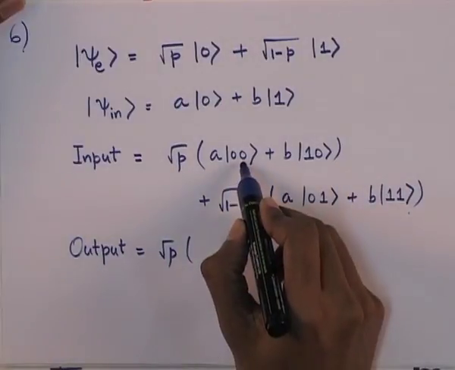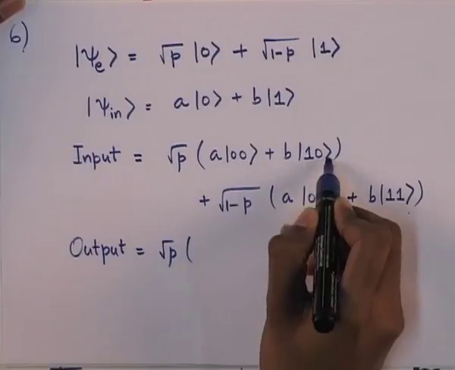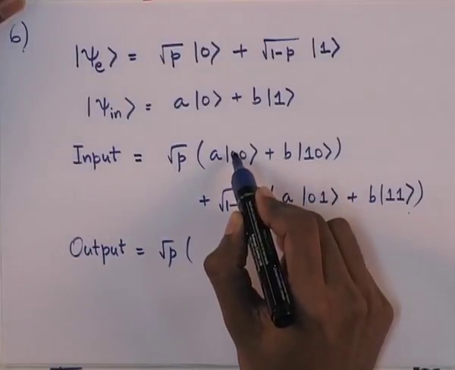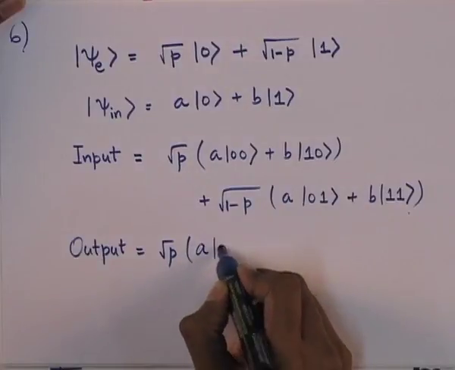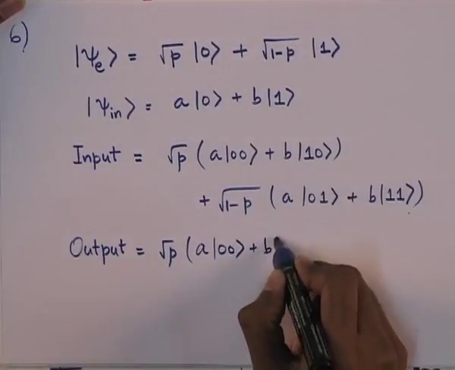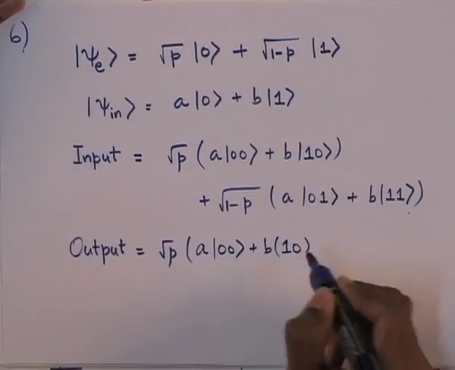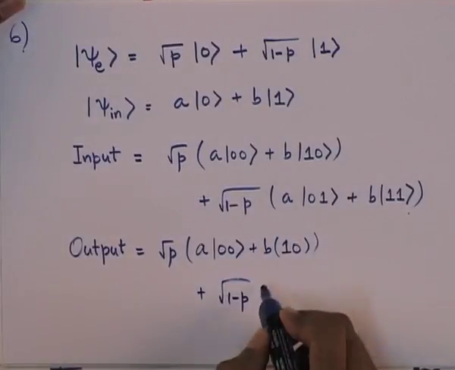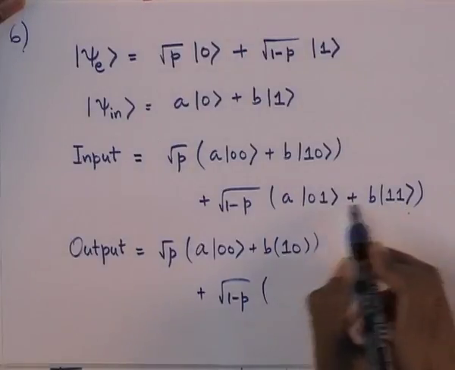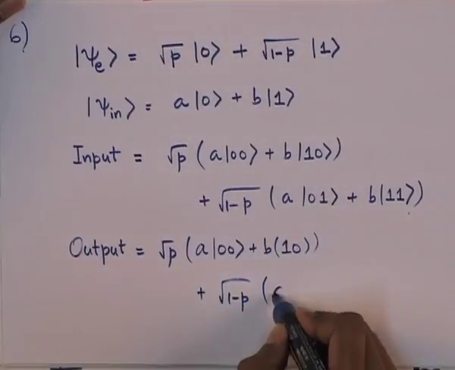As we have the second qubit in the first term as 0, the target bit does not change. But in the second term we have the control bit as 1, so the target bit flips.